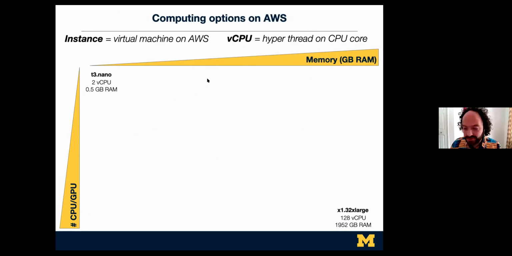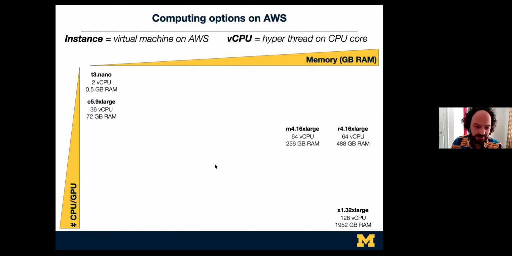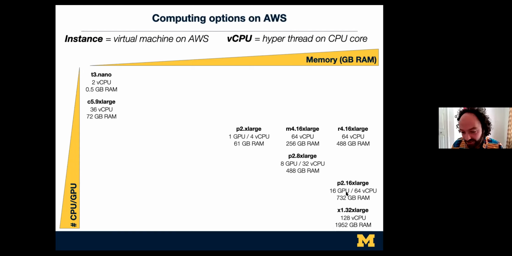On the top left here, you can have very tiny little machines that have a tiny bit of RAM and a little bit of CPUs for really small tasks. On the other side, they have much beefier machines that can have up to 128 CPUs, and then up to 2 gigabytes of RAM. And then, as you can imagine, there's every flavor in between. You can have more CPUs, more RAM. They have a number of instances that have GPUs that are mostly used for deep learning, but we can also use them for cryoEM.